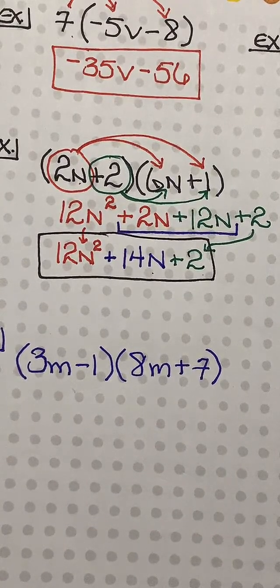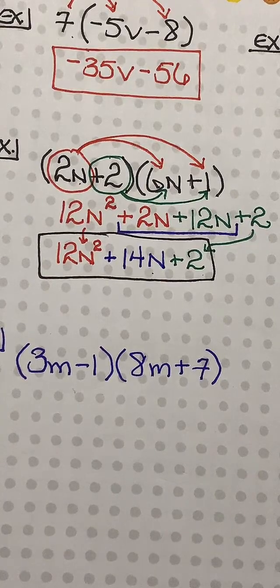Joanne, 24m squared plus 13m minus 7. You're doing positive and negative. Yes, definitely. 24m squared minus 28 minus 7.